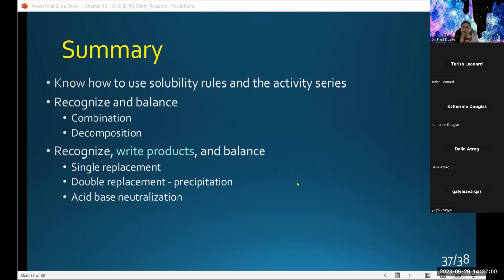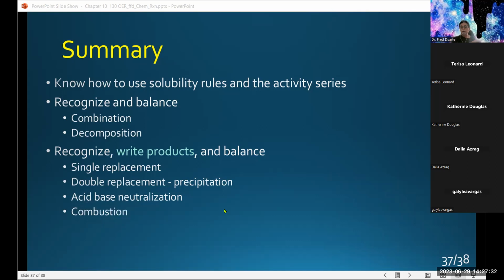To balance these types of reactions, follow the protons and follow the hydroxides, and everything else will fall into place. Keep in mind too that if the acid has 3 protons, 3 hydrogens, you're going to need 3 hydroxides, and you're going to make 3 waters.